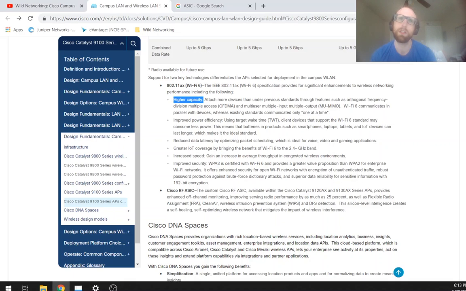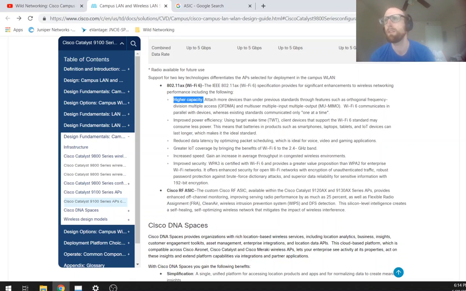Cisco radio frequency application specific integrated circuits. The custom Cisco RF ASIC available within the Cisco Catalyst 9120AX and 9130AX series access points provides enhanced off-channel monitoring, improving serving radio performance by as much as 25%, as well as flexible radio assignment (FRA), Clean Air wireless intrusion prevention system (WIPS), and DFS detection.